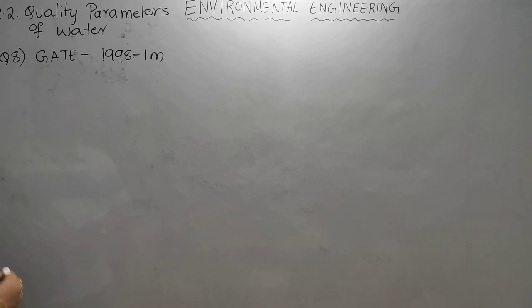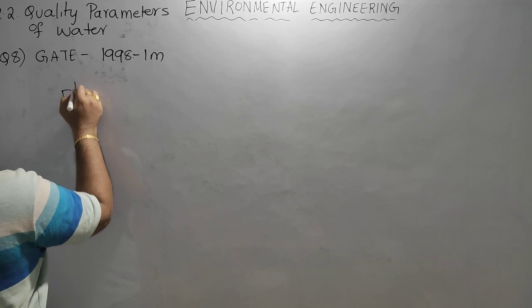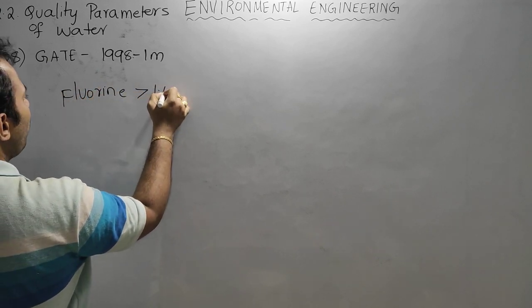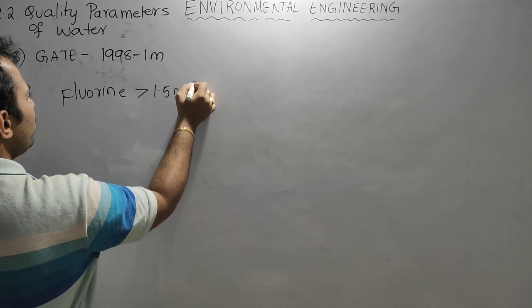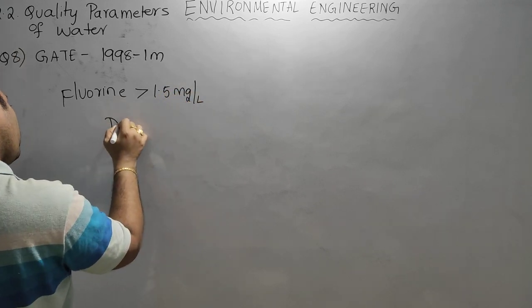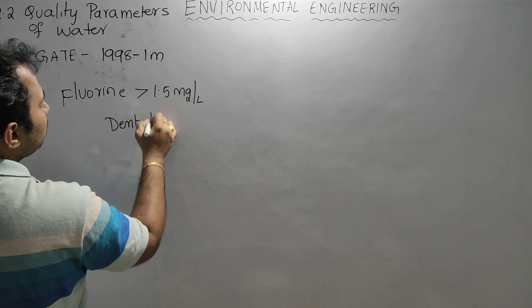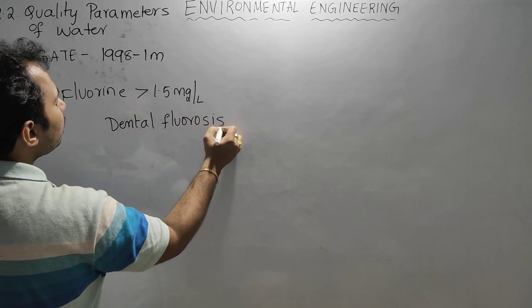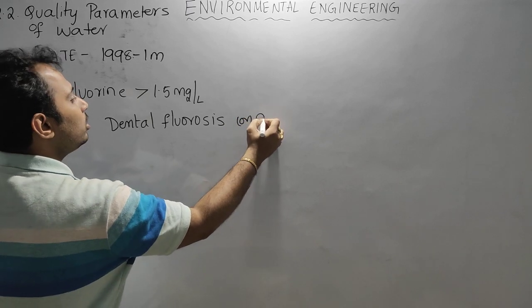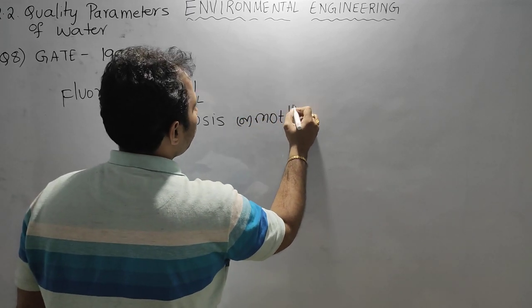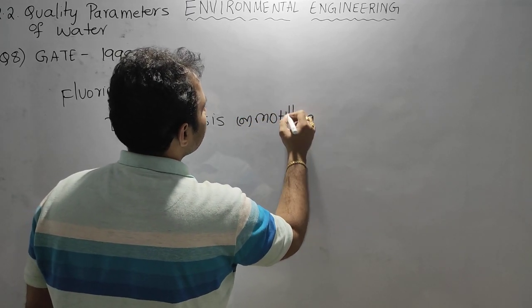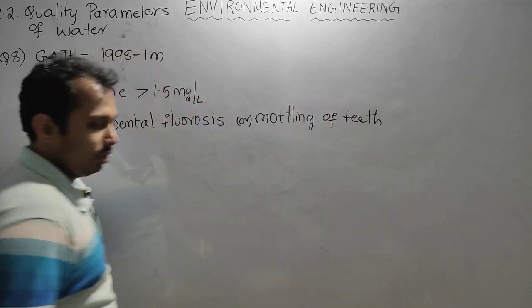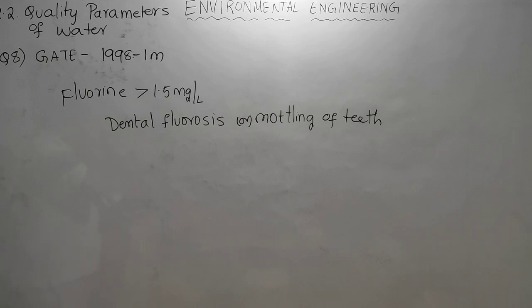So fluorine greater than 1.5 mg per liter causes dental fluorosis. So this is nothing but mottling of teeth. Okay, this is nothing but mottling of teeth.